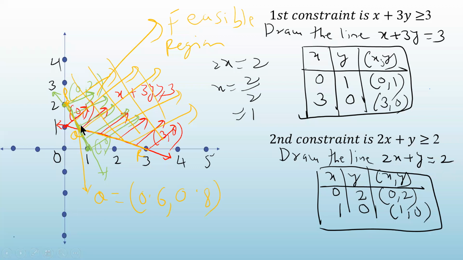You can see this point 0.6 here, and here you can see 0.8. So these are the coordinates of point Q. If you have a proper graph paper, you can find that out.